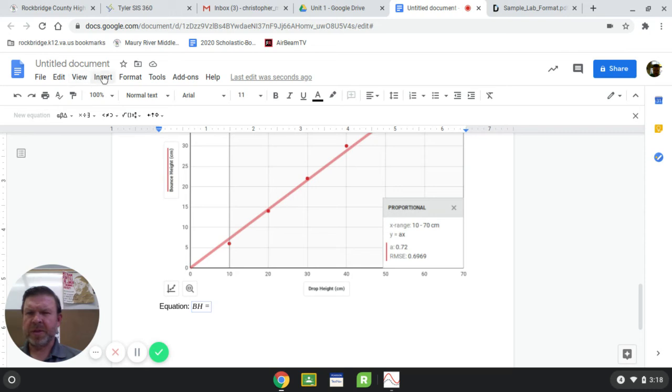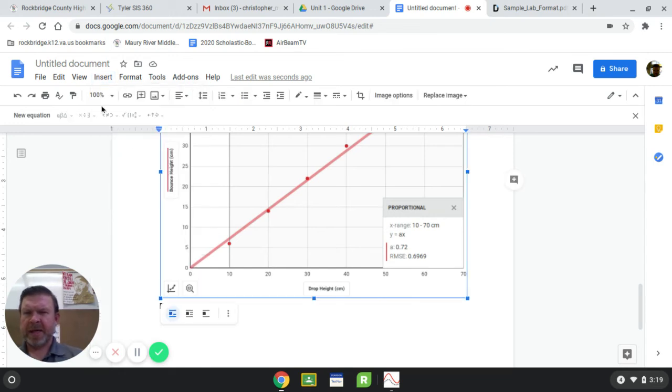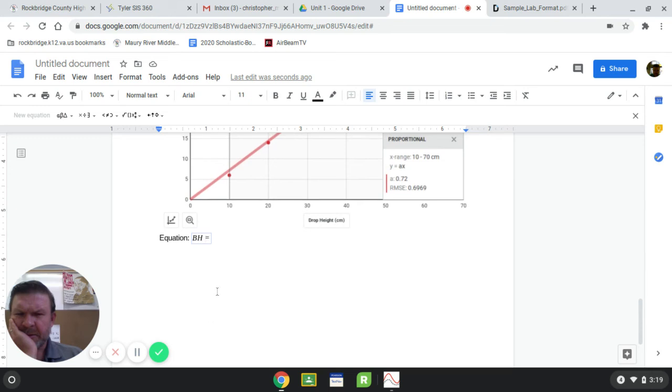So I'm going to go to my equation editor here, which you can get by going to Insert and Equation. I'll bring that up. So I've got to put a fraction. Oh, not on that side of the equal sign. So bounce height is equal to, and then I'm going to go in here. All right, Chromebook is not really cooperating here.